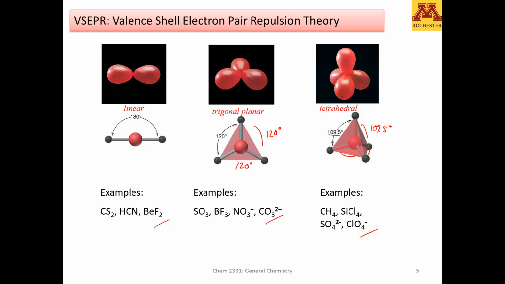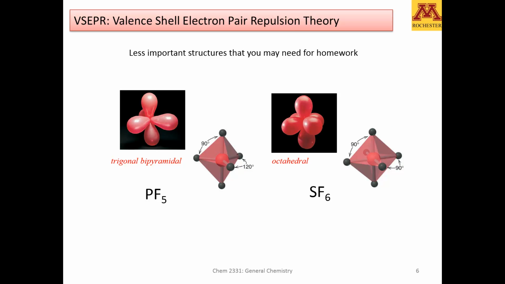All right. When you have 5 and 6 surrounding atoms, it's less common, but still you may have seen it before. When you have 5 surrounding atoms, like phosphorus fluoride, it's a little trickier because suddenly now you have the 5 positions divided in two categories.